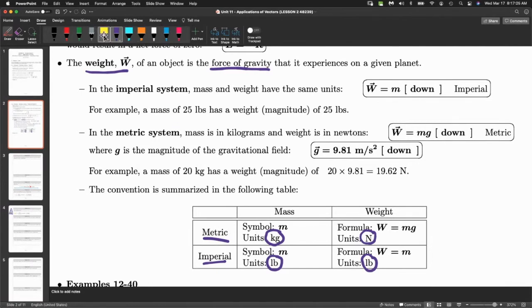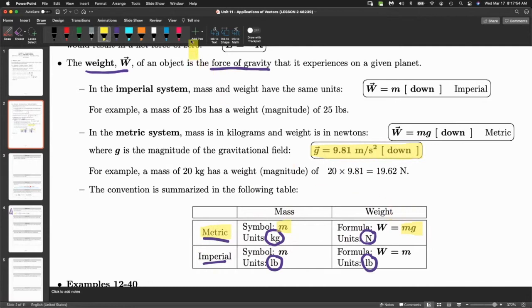In contrast, if we're talking in the metric system, and our emphasis will be pretty much equal between the two systems, in the metric system, if you want to find the weight, you take the mass m and you multiply by g, where g is the gravitational constant, or the gravitational field, for the Earth. That's the value g that I referred to last time as the acceleration due to gravity.